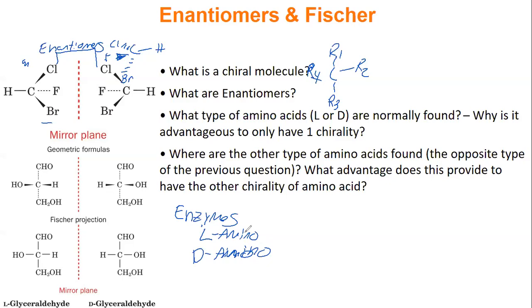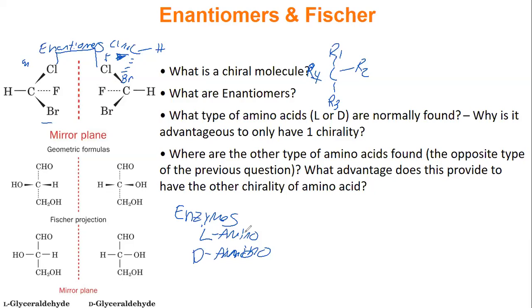So if you had L amino acids and D amino acids, what that would mean is that you'd have to have 2 copies of every single enzyme in your body. One that works on L amino acids, one that works on D amino acids. And it would just be a mess when you're making new proteins. You'd have to have different ribosomes or different tRNAs to try and distinguish between the two somehow.